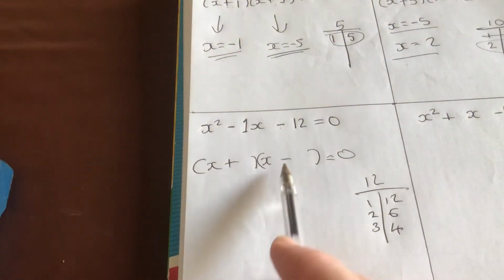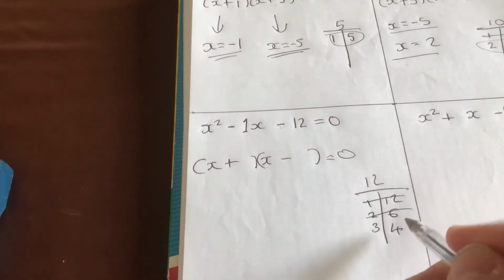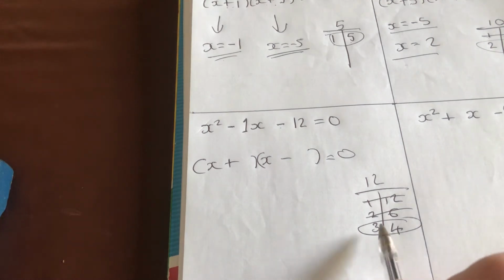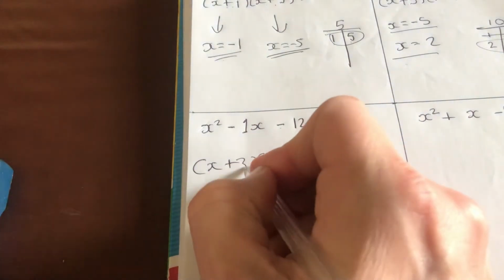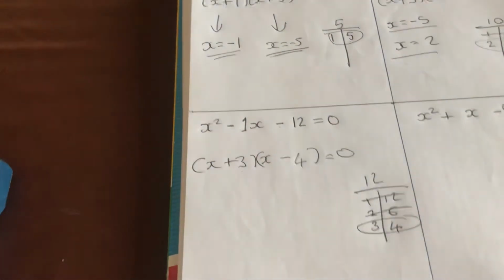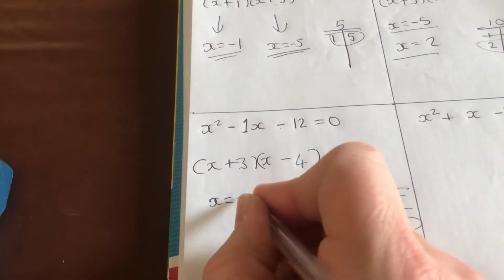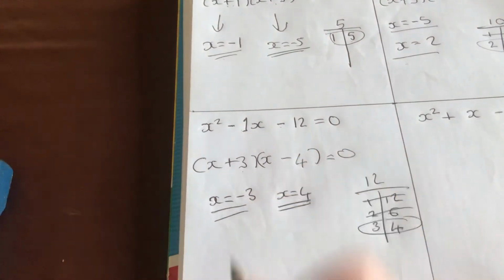So plus and minus, I know I need a difference of 1. Well, that's no good, but that is good. I want -1 though. So +3 minus 4 will give me -1. So, there's our solutions. X equals -3 and x equals +4.